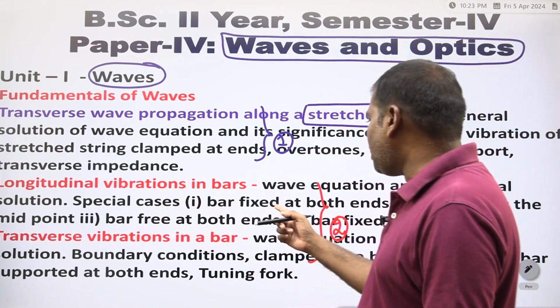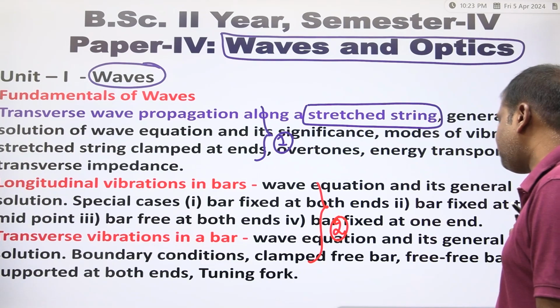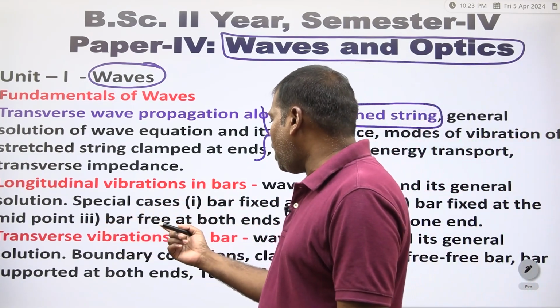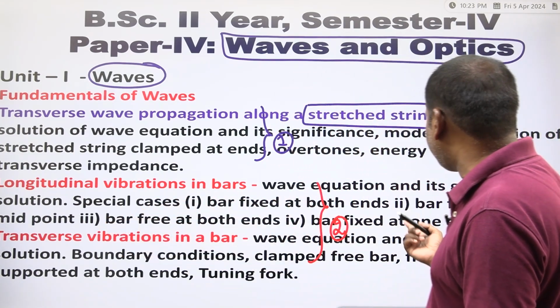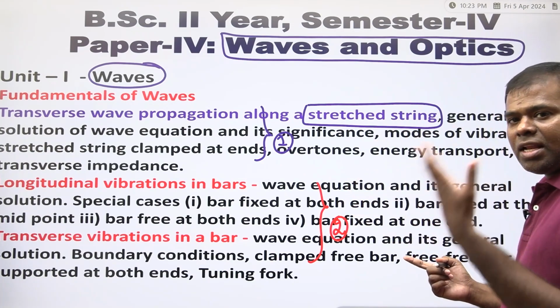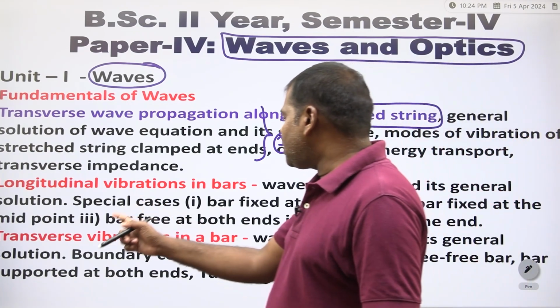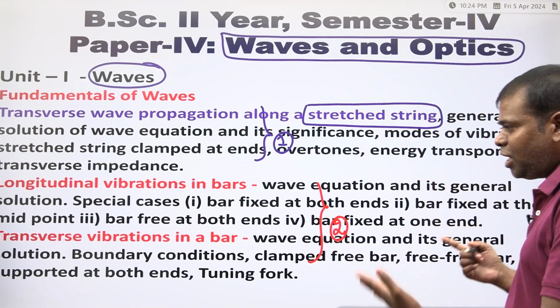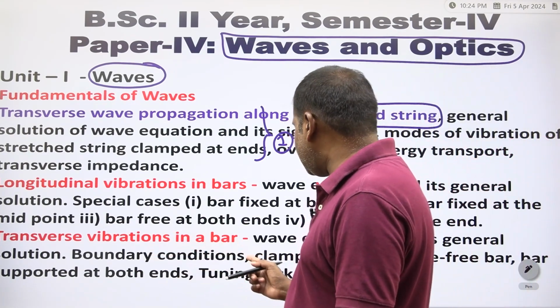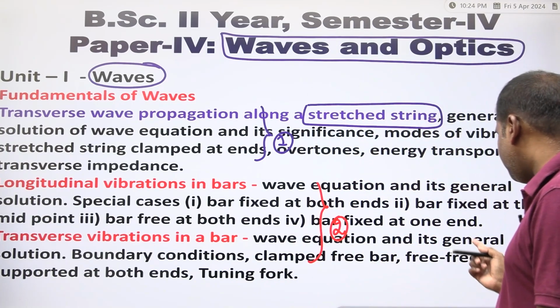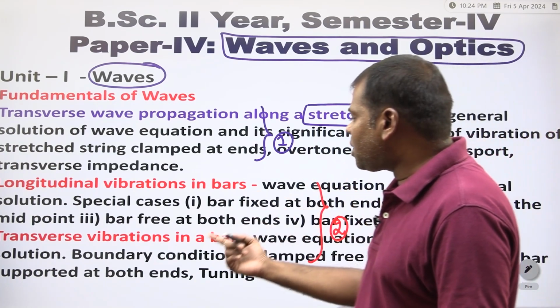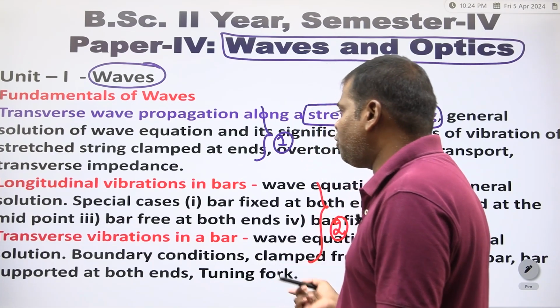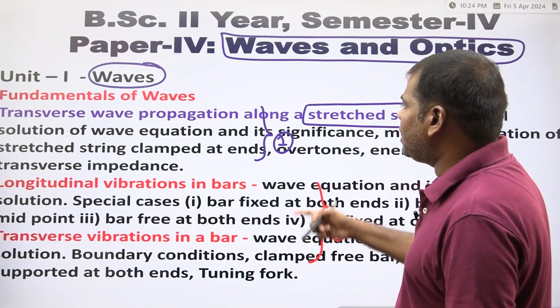Special cases: bar fixed at both ends, bar fixed at the midpoint, bar fixed at one end. Questions like that will come. Transverse vibrations in a bar, wave equation and its general solution, boundary conditions, clamped free bar, free bar, bar supported at both ends, tuning fork. These are the two parts.